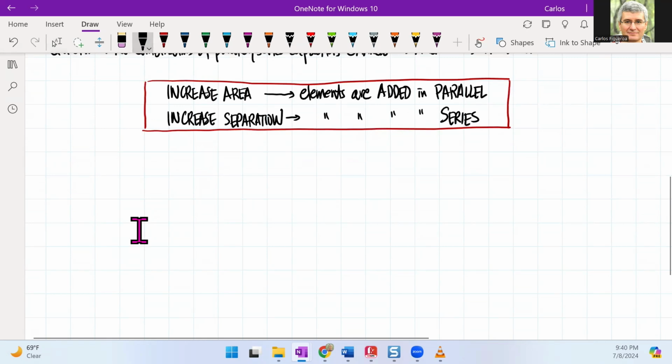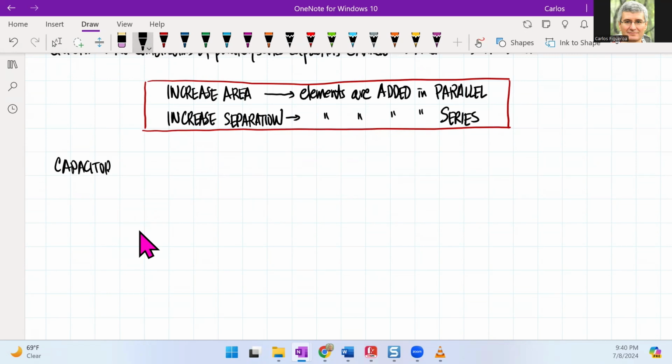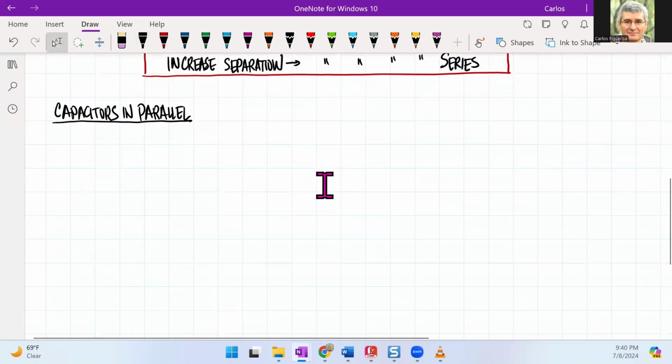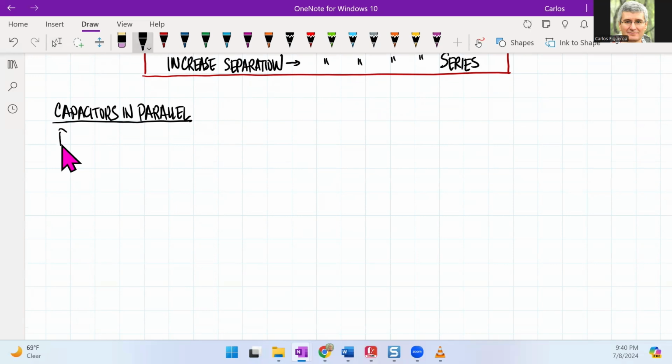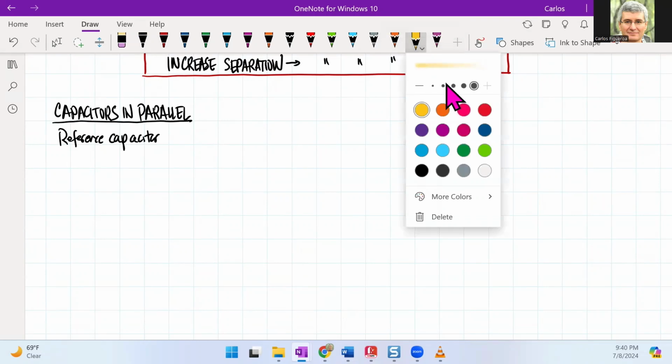So let's start with capacitors in parallel. If I look at capacitors in parallel, I'm going to need a reference capacitor. So let's draw this. So here we have a reference capacitor. And when I label this, I'm going to set up a nice thick line.